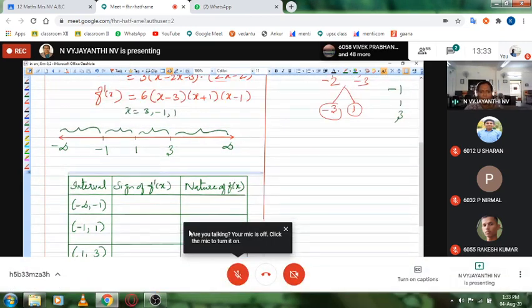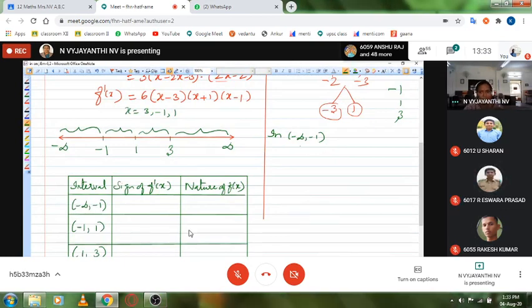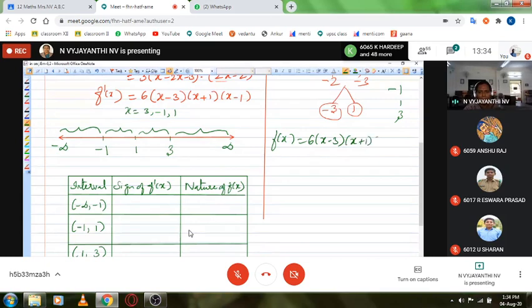So tell me the values in minus infinity comma minus 1. Minus 2, ma'am. So first let us write f dash of x as 6 into x minus 3 into x plus 1 into x minus 1, so that we can easily apply, no? Take x as minus 2.